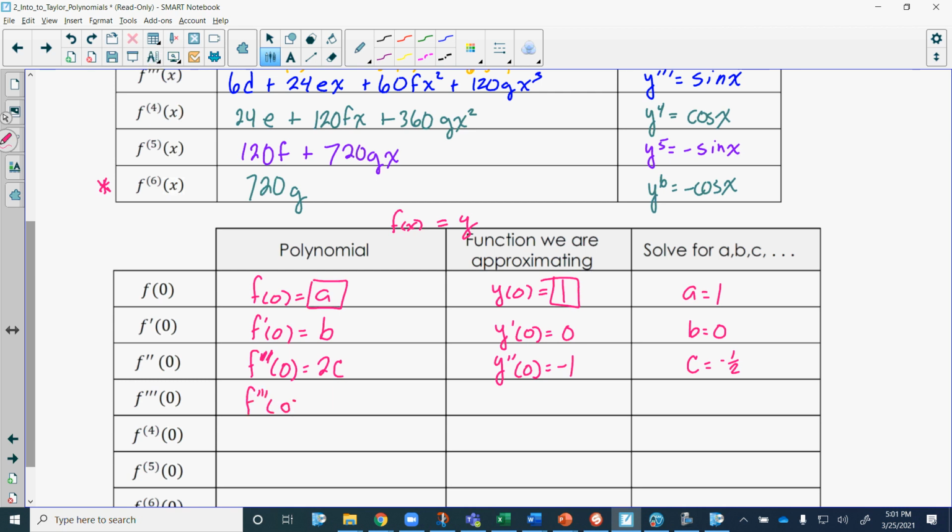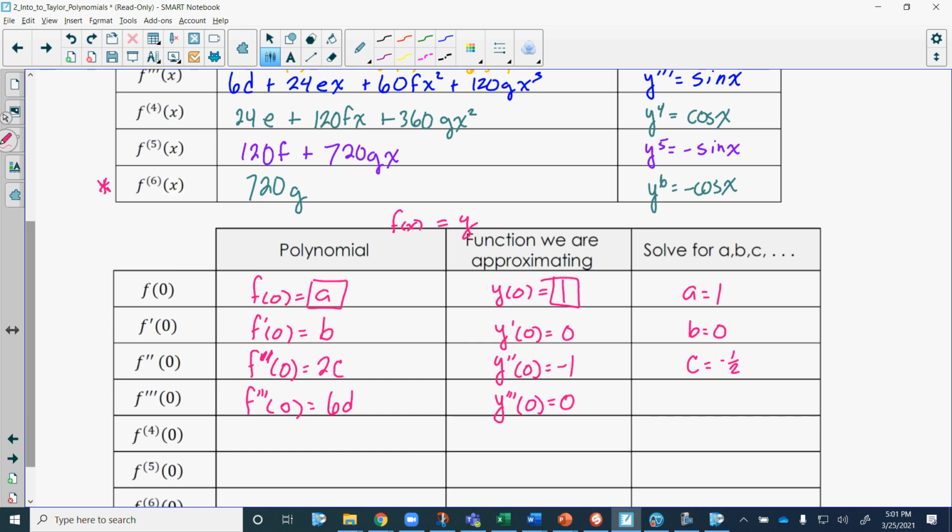Then the third derivative at 0, here we had 6d, and I think you can kind of see it on the screen there. If I take the next one in the table above, y third derivative at 0 is going to be equal to a 0.